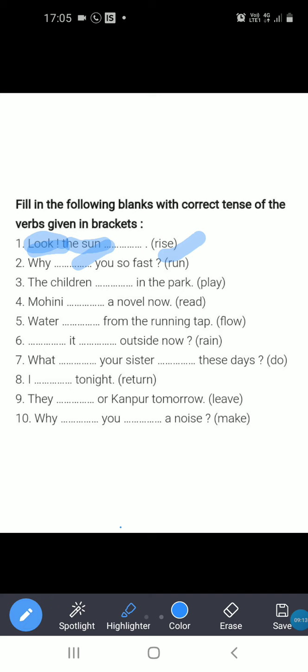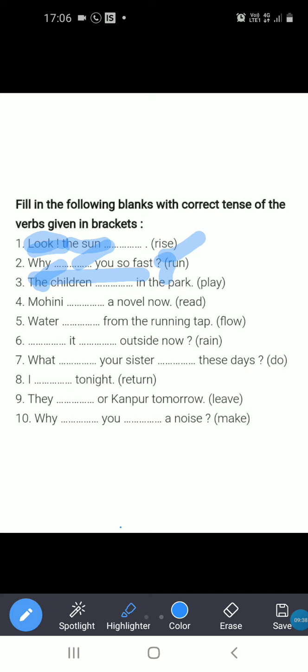Why dash you so fast? Here a question mark is there, which means that is a question word. So how will we use it? As we know, we have to put the auxiliary verb after this question word, at the beginning of the sentence.